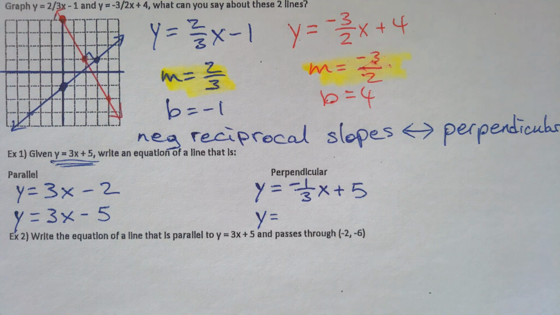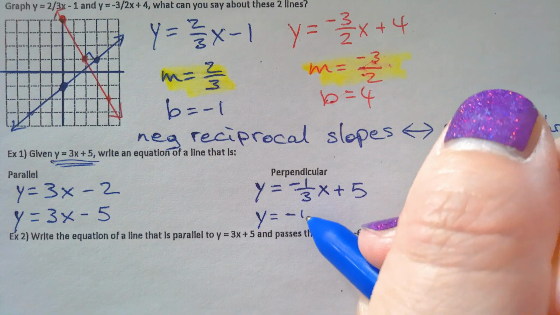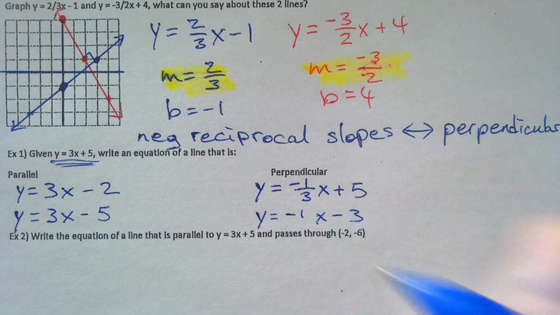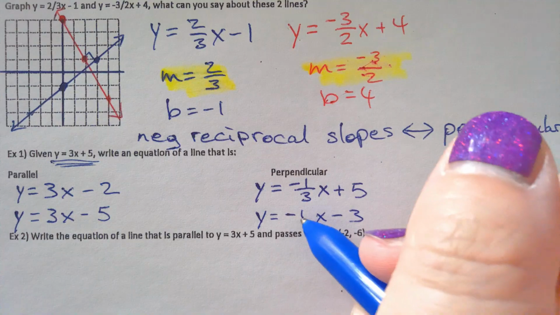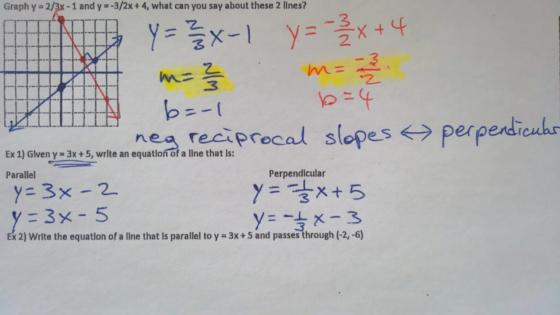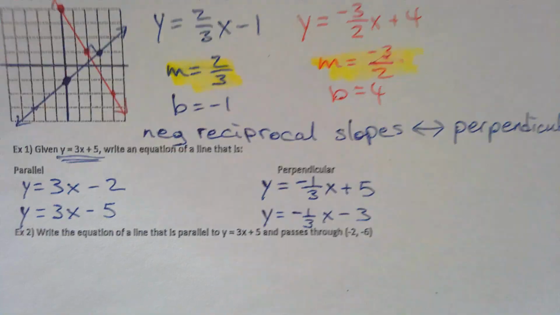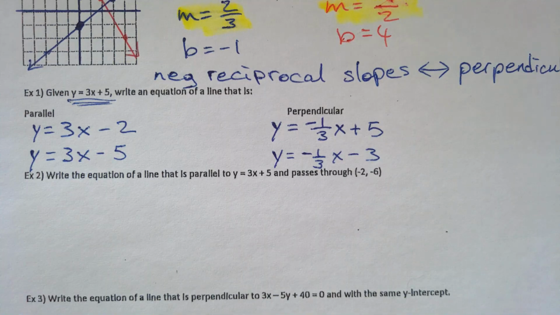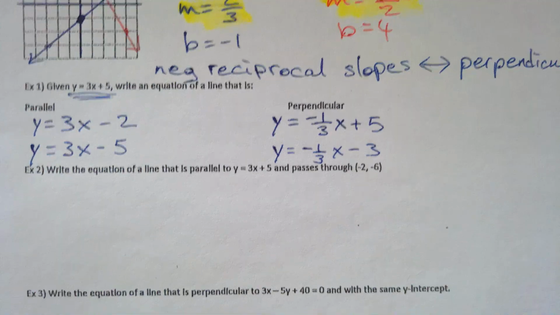Bessie? Y equals negative 3x minus 2. So you did the negative, but you didn't do the reciprocal. Negative 1 over 3. Right. So make sure it's negative and reciprocal, not just one or the other. This is basically what we talked about last week when you did that partner activity together.